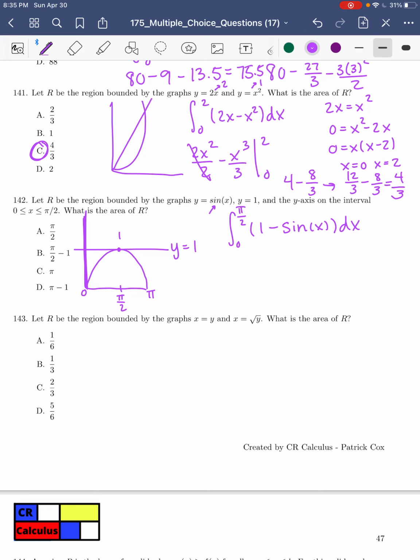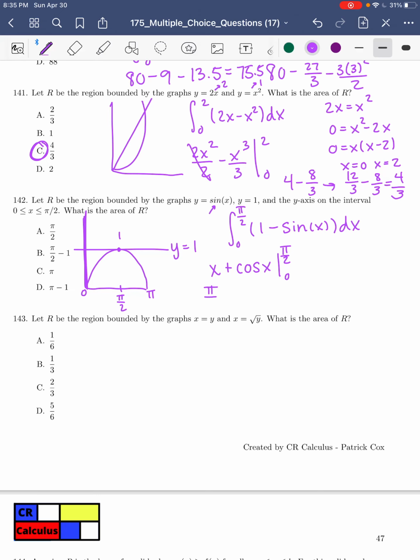And then I just need to take the antiderivative. So this is going to end up being x plus the antiderivative of sine, which is going to be negative cosine. But since it was a negative sign, it's going to be plus cosine, evaluated from 0 to pi over 2.